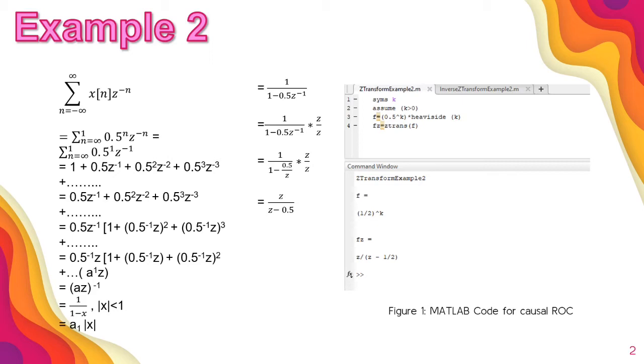So we got the answer 1 over 1 minus 0.5 z to the power of negative 1. When we simplify the equation, we get z over z minus 0.5. To prove the answer, we use MATLAB and the answer is the same. So we got the right answer.